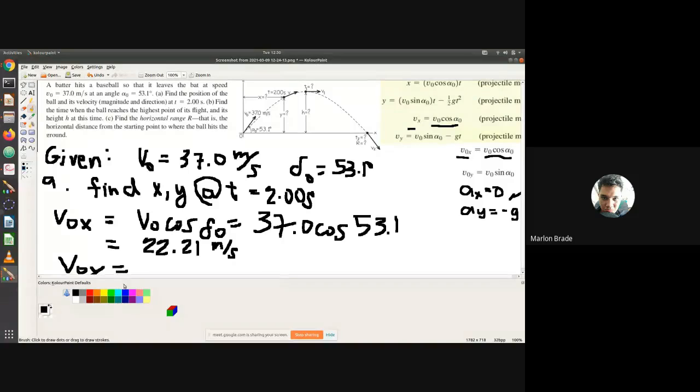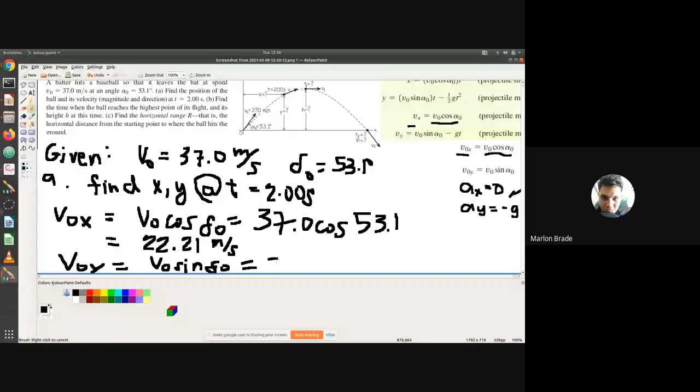So next, v naught y. So this is equals to v naught sine alpha naught. And this is just equal to, so the v naught here is 37 sine 53.1.